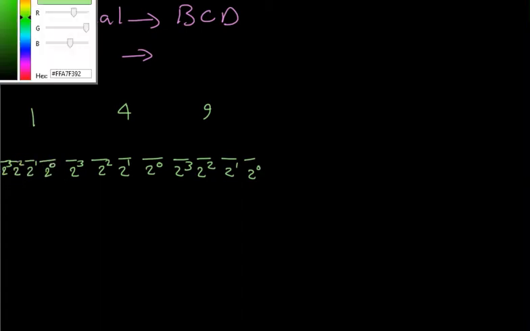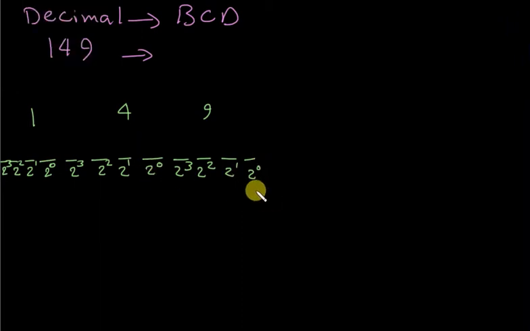So these numbers represent 1, 2, 4, 8, 1, 2, 4, 8, 1, 2, 4, 8. Now we have to add these numbers together to get the number 9.